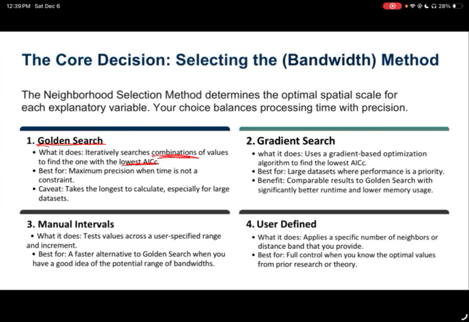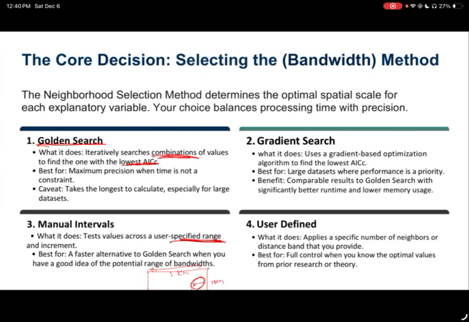The third is manual interval. In here, you can set a specific range for the bandwidth increment. For example, if you have a study area of 1 kilometer, you can set a specific bandwidth. For example, you only want to calculate the local area for around 100 meters.